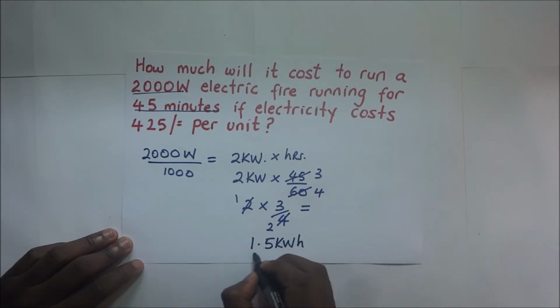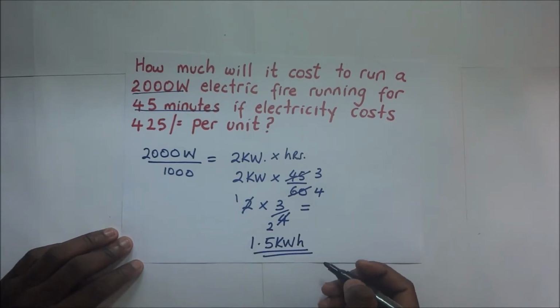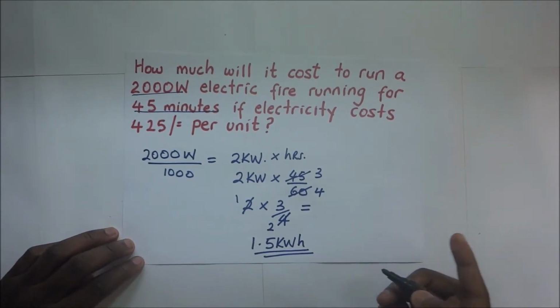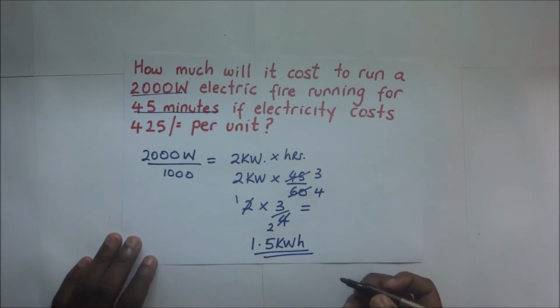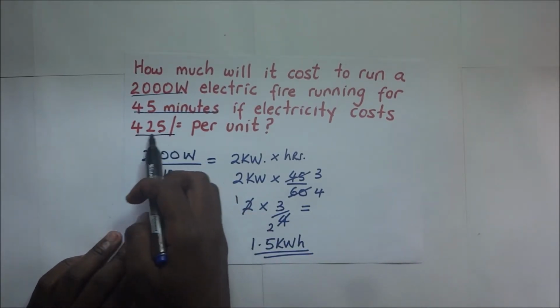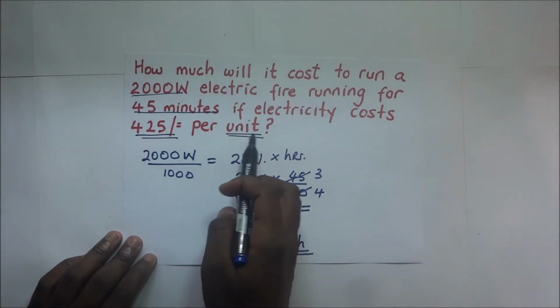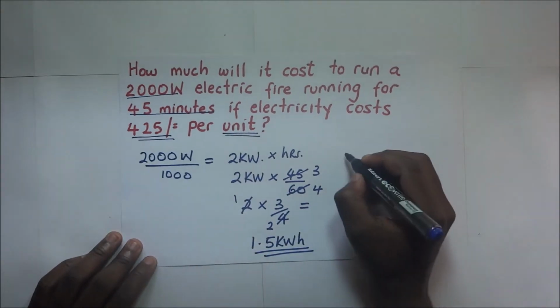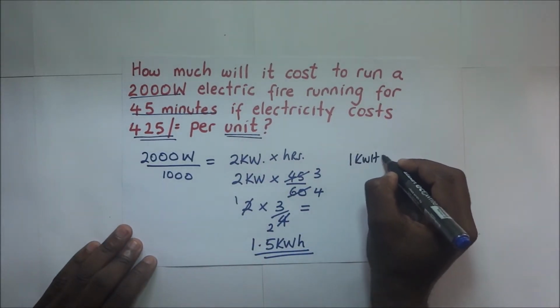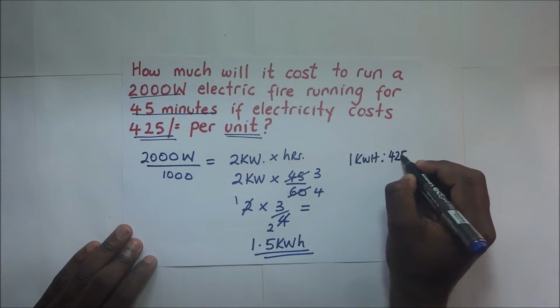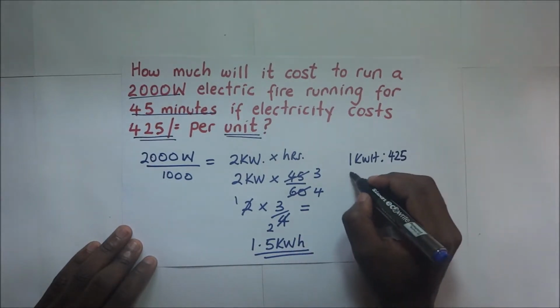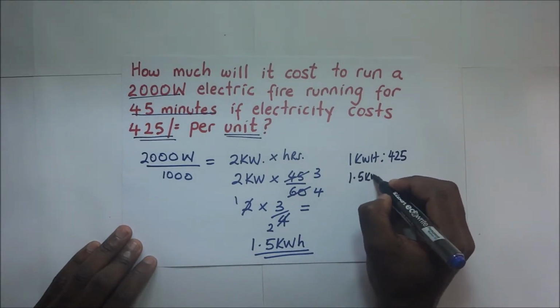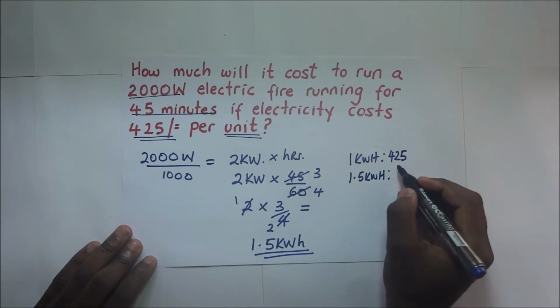After computing it and converting it to kilowatt hours, now we know that 425 shillings is the cost of the unit, and the unit is a kilowatt hour. So 1 kilowatt hour costs 425 shillings. So what about 1.5? Meaning 1.5 kilowatt hours will cost how many shillings?